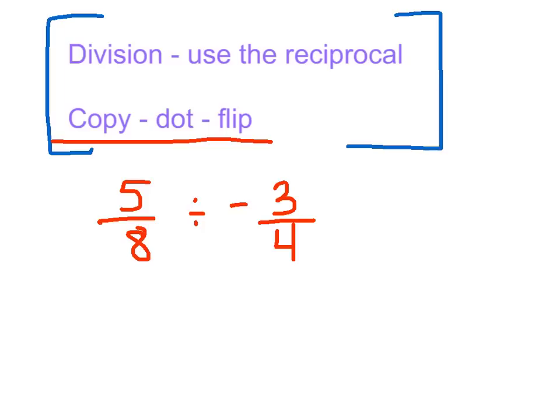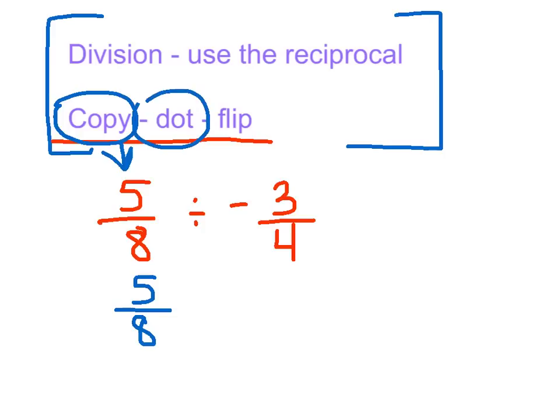Okay, so let's see what this means. Well, very simple. Copy means the first number we copy. Easy. 5/8. The second number is dot, which means I'm going to change my division sign to a multiplication sign.